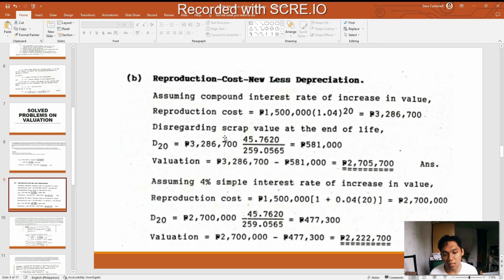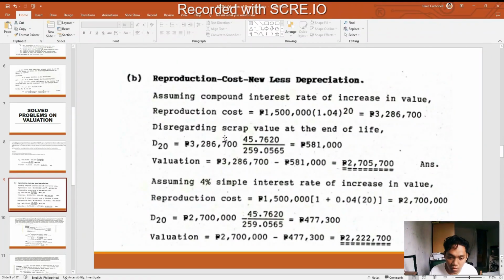So the valuation for the reproduction cost new less depreciation method is equal to 2.7 million, which is the increased value of the property because of the simple interest rate, and the method in itself reflects the present market prices of the property itself, or the materials used in building it.